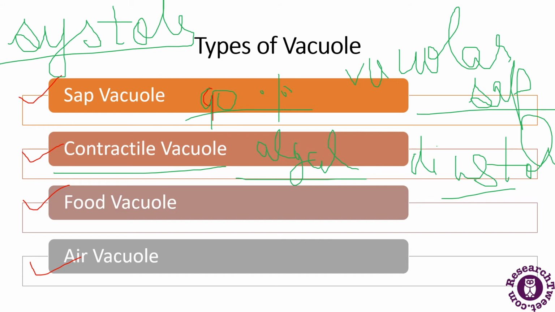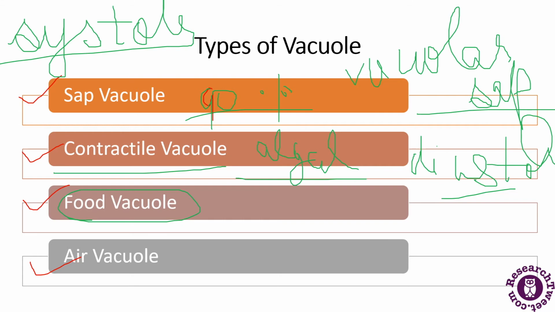Next is the food vacuole. Food vacuoles occur in the cells of protozoa, protists, several lower animals and phagocytes of the higher animals. A food vacuole is formed by the fusion of a phagosome and a lysosome.